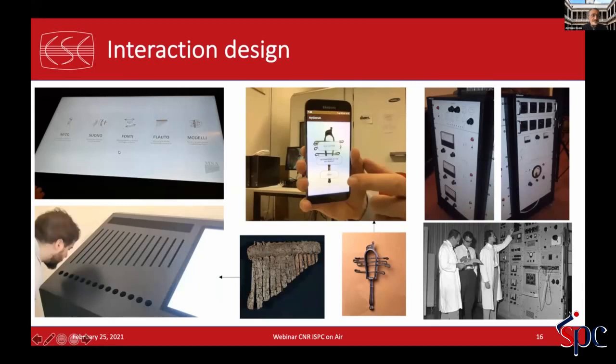On the left, you can see a museum fixed installation related to a pan flute, here in the picture, hosted at the Museum of Archaeological Science of the University of Padova. We have in these pictures two modalities to interact with that instrument. The first modality is based on touch.